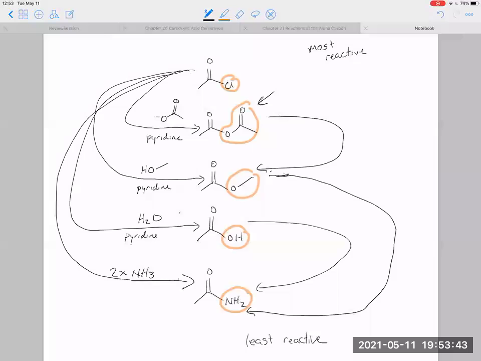When I'm going from an acyl chloride to an ester, that's a huge jump from most reactive to less reactive, right? The jump is not as strong here. So what we learned is that you need a carboxylate ion. You need like sodium carboxylate to react with your acyl chloride.